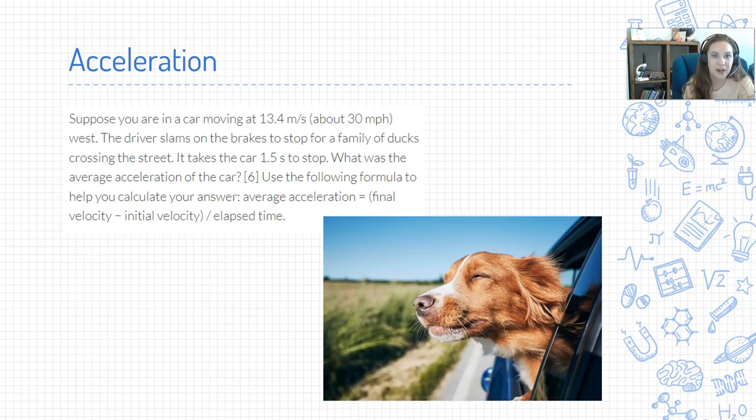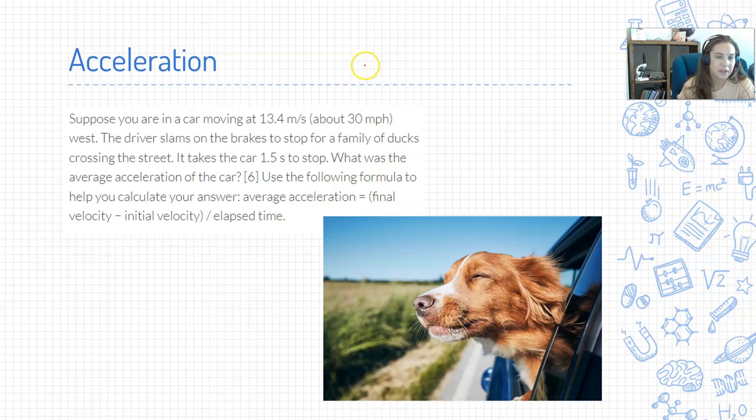Suppose you're in a car moving at a velocity of 13.4 meters per second west. Then the driver slams on the brakes to stop for a family of ducks crossing the street. It takes 1.5 seconds to stop. We have to determine the average acceleration of the car. Remember to use that formula of final velocity minus the initial velocity.